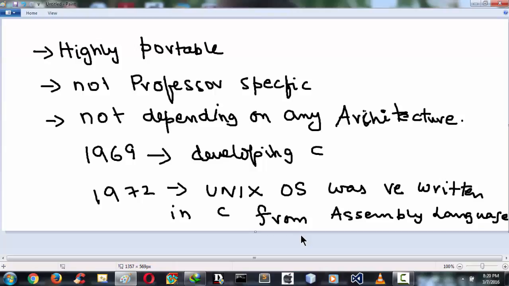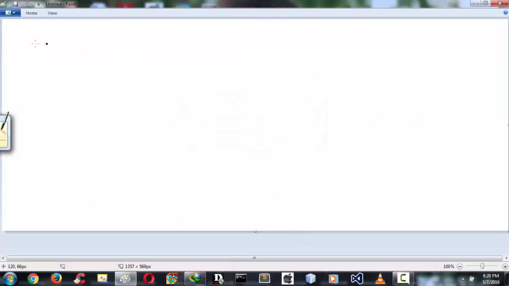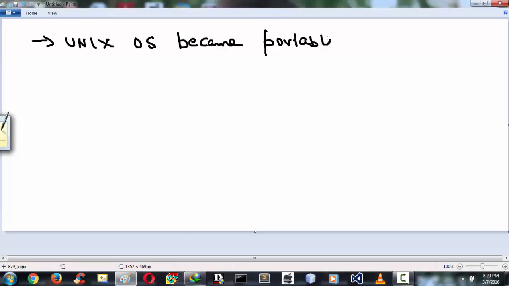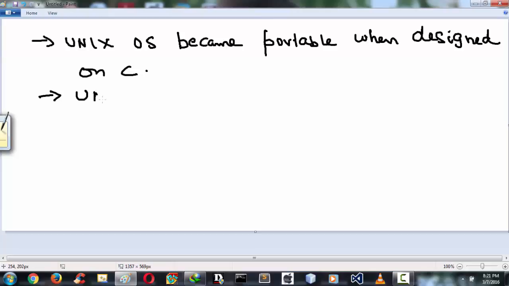Okay, so let me take a new window, fill up space here. The Unix operating system became portable when it was designed on C. So by adding this portable feature, Unix became hugely popular in the industry.